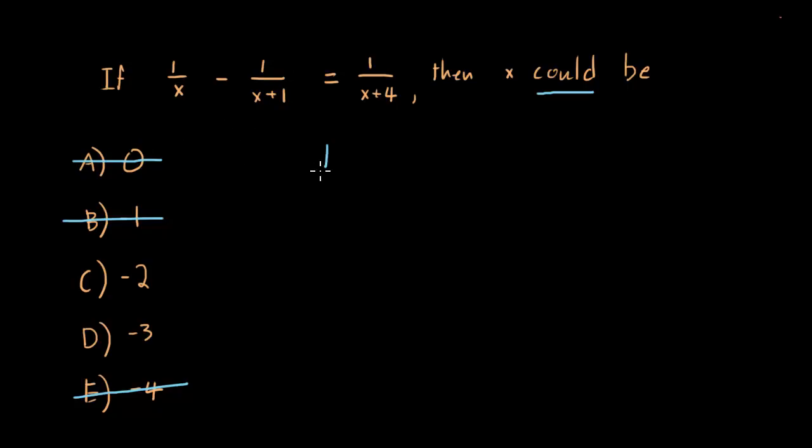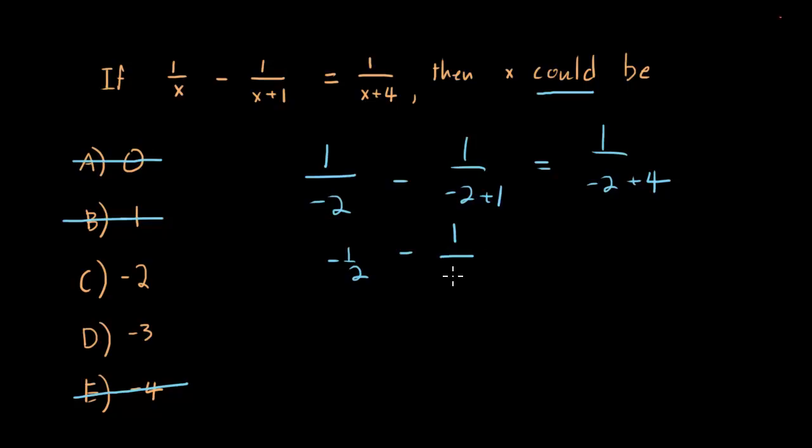That leads to 1 over negative 2, minus 1 over negative 2 plus 1, equals 1 over negative 2 plus 4. Simplifying. First term becomes negative a half. Second term, 1 over negative 2 plus 1 is negative 1. And 1 over negative 2 plus 4 is positive 2.